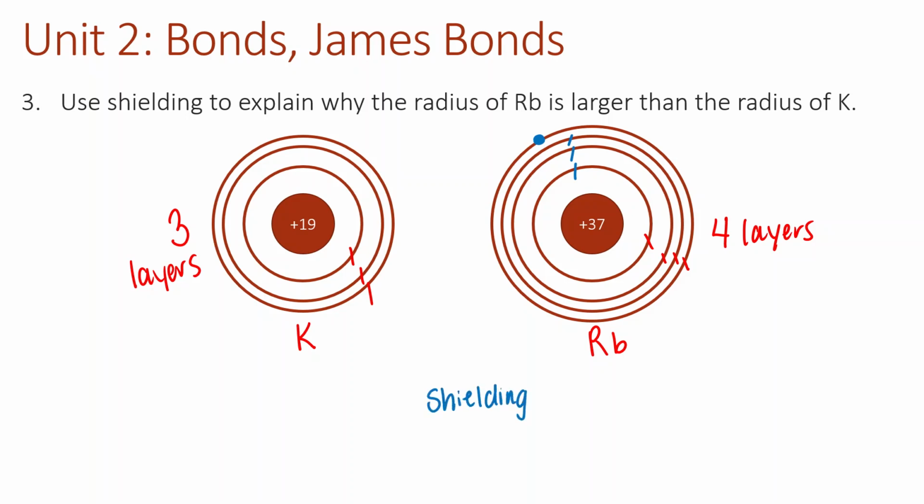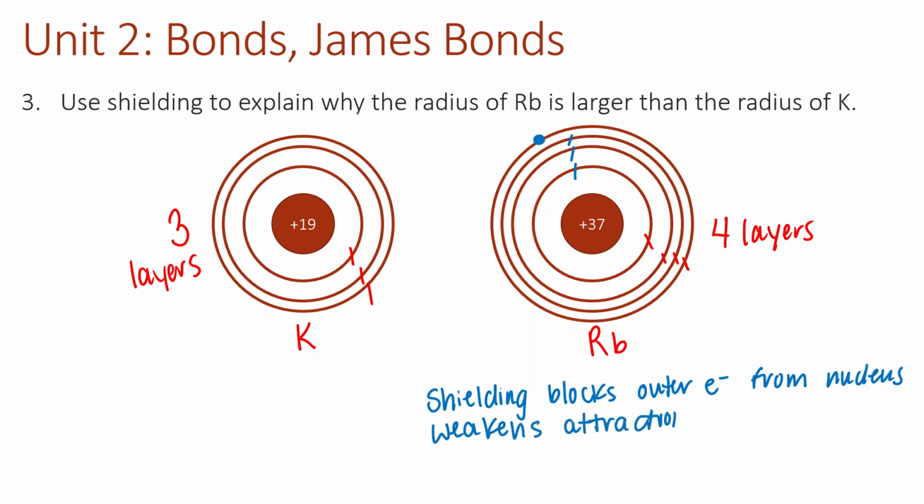So shielding blocks outer electrons from the nucleus. This causes a weaker attraction because we have a greater distance.